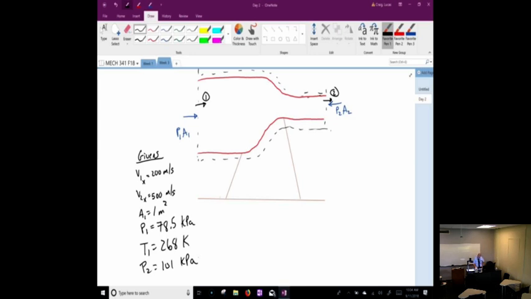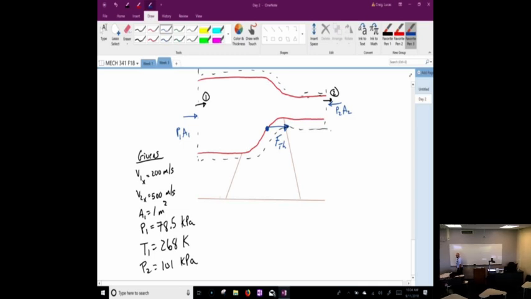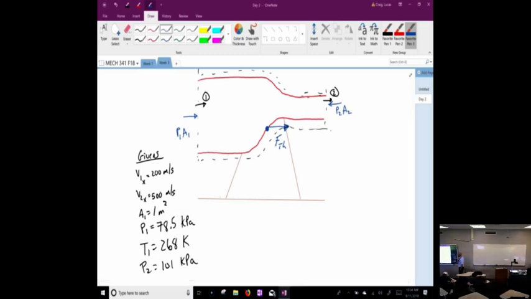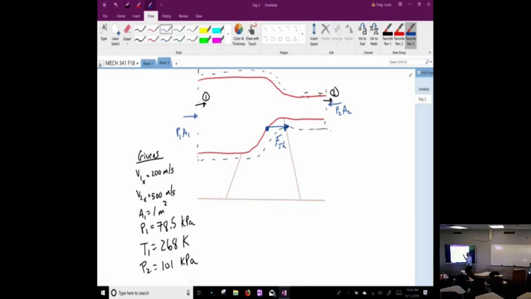And I missed one force, which is the weight of the engine. We don't need to worry about that, so we're only looking for thrust. So we only need to worry about the x direction. We're going to assume it's only moving in this direction.